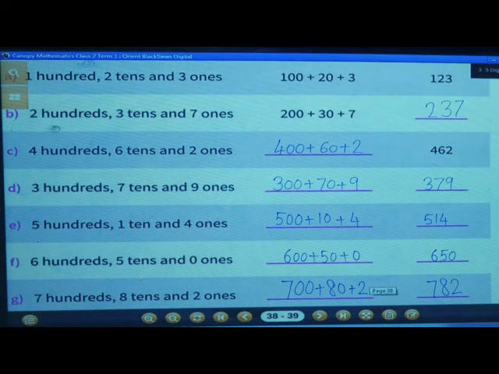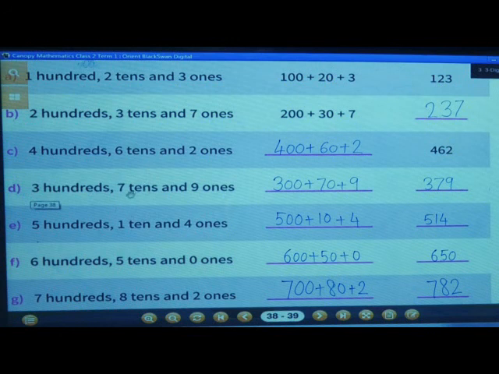Then B1, 2 hundreds, 3 tens and 7 ones, that is 200 plus 30 plus 7, that is 237. Then C1, 400, 6 tens and 2 ones, that is 400 plus 60 plus 2, that is 462.